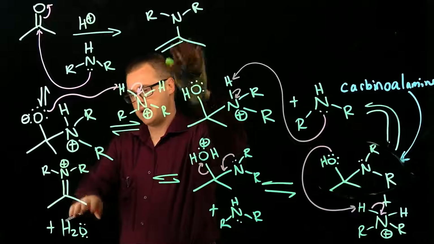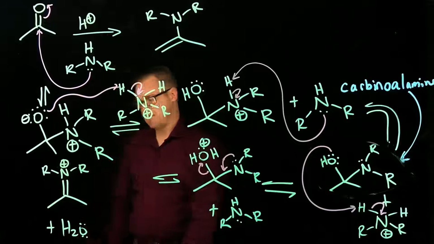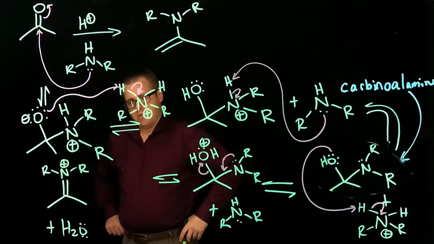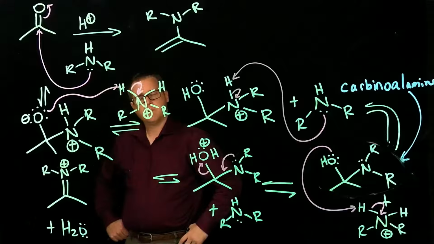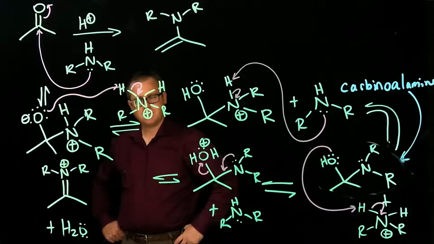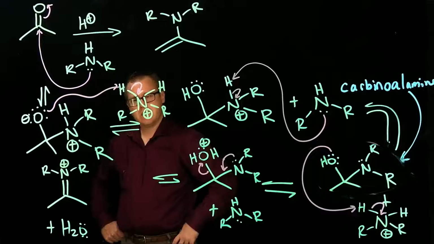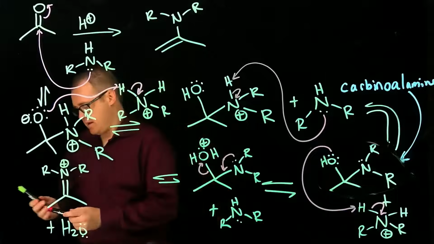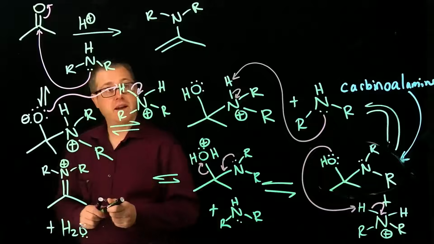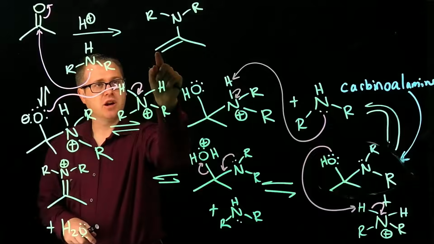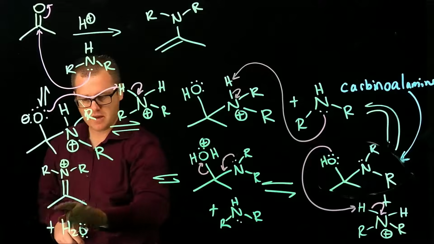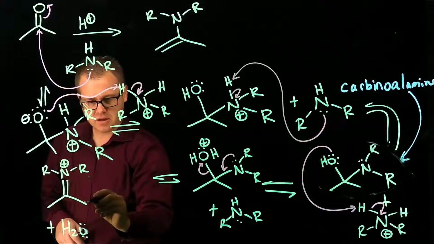Nope, it's not there yet. What's going on here? So what can we do to get to our product? Well, what do we have right here? You see that this carbon here only has 2 hydrogens, and these have 3 each.